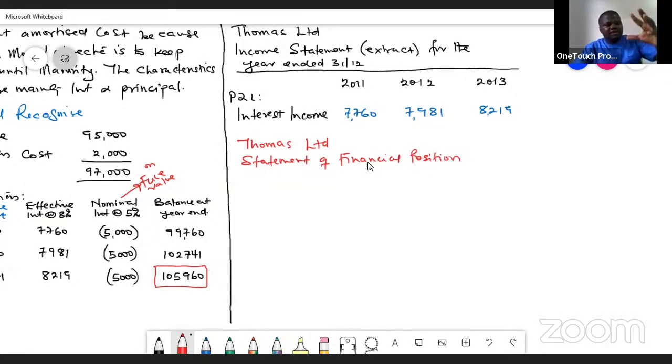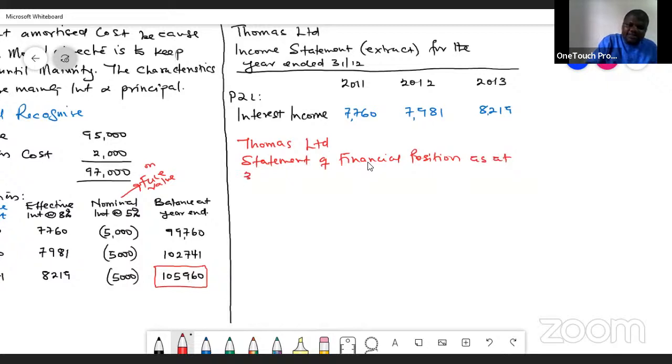It is level 2 that sometimes they restrict them. I mean, they don't bring everything. They just look at those initial issues, the preliminary ones. So you take notes. So let's move to the statement of financial position. We have Thomas Limited, statement of financial position.